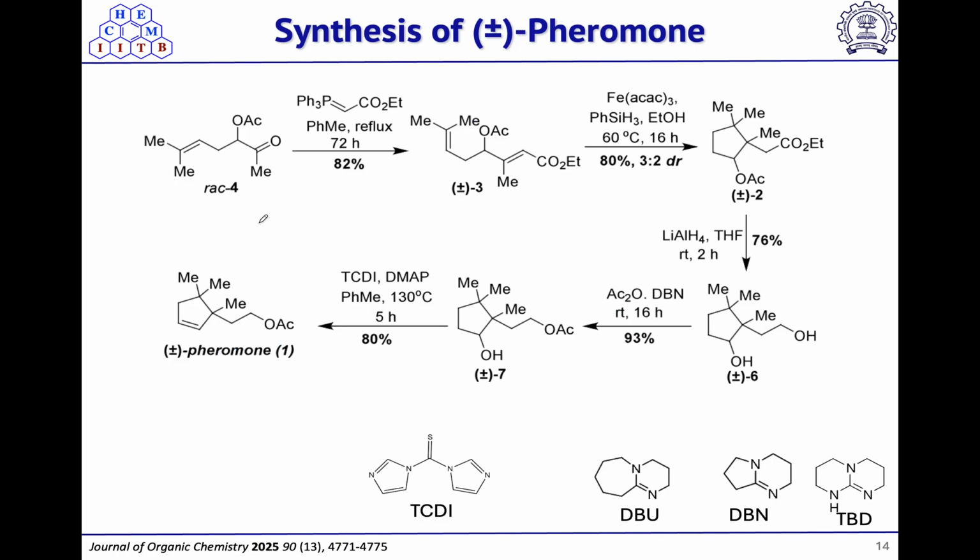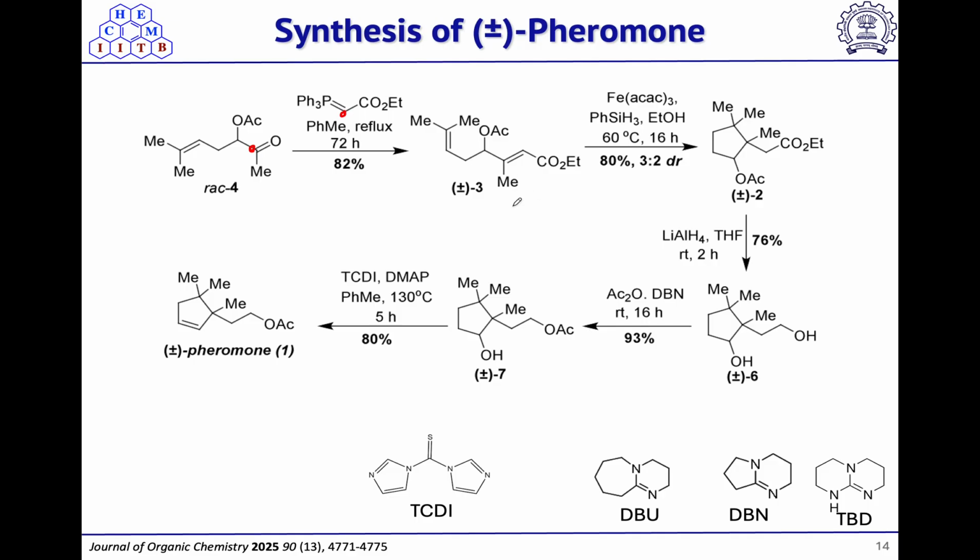So this is racemic 4, plus minus. First the Wittig reaction happens. This is the Wittig halide, in toluene reflux condition, and we will get a C=C double bond product between this carbon and this carbon. So this is plus minus 3.